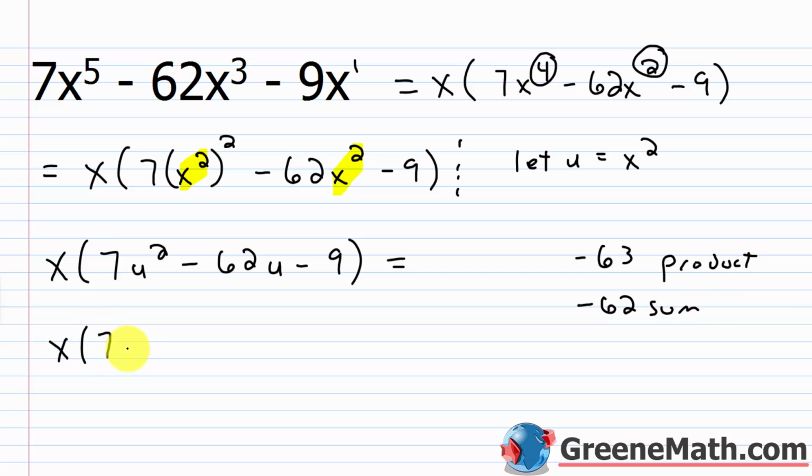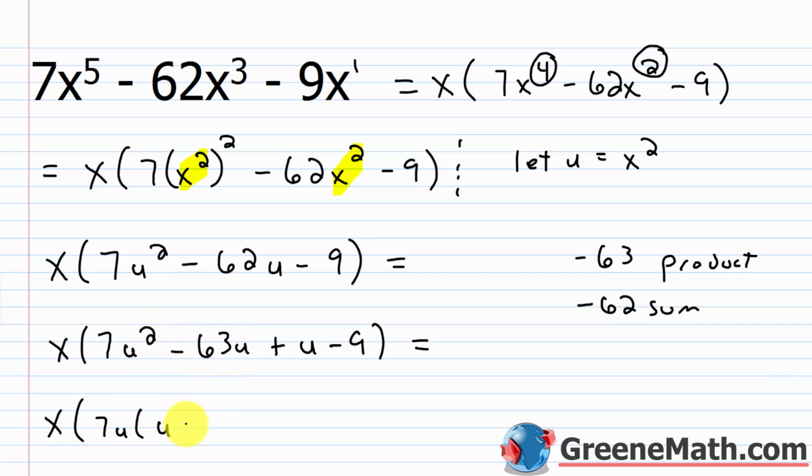So I'm going to write this as 7u squared minus 63u plus u, or plus 1u, however you want to write that, and then minus 9. And then I'm just going to factor this using grouping. So I'd have x times, from the first group, the 7u squared minus 63u, I can pull out a 7u.